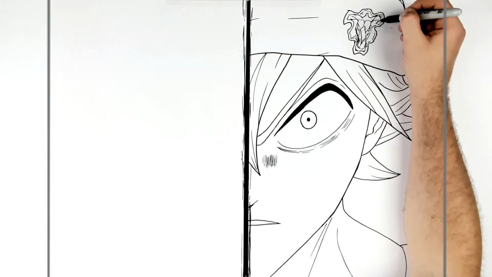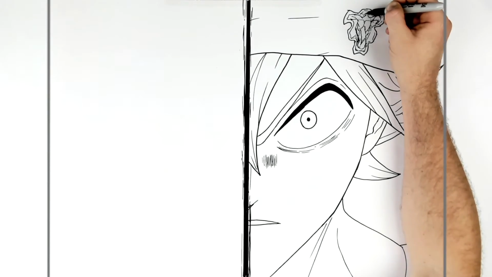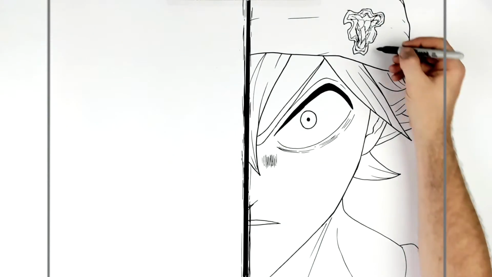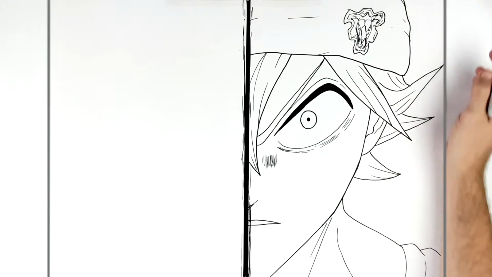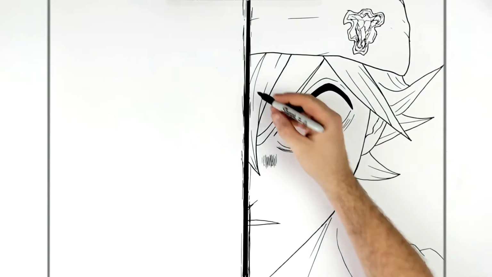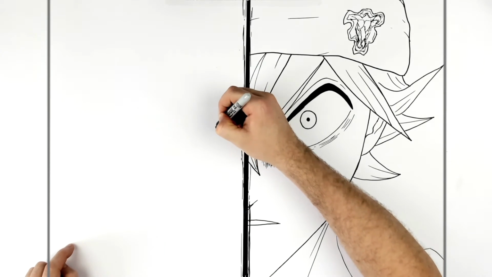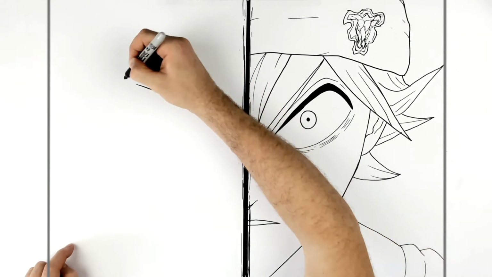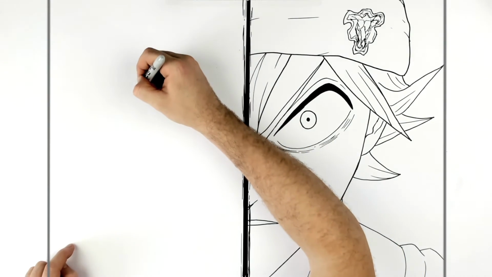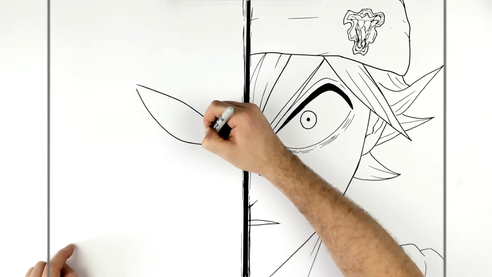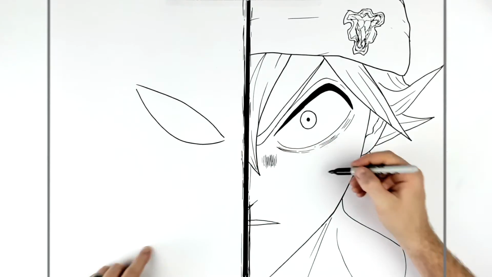It's kind of complicated to draw that, so I'm not doing the whole thing because it would take a whole other video. But something like that, right? So we'll go over and we'll do Liebe. So his eye, big eye, that way. Bottom eyelid comes underneath, kind of skinnier than Asta's eye.